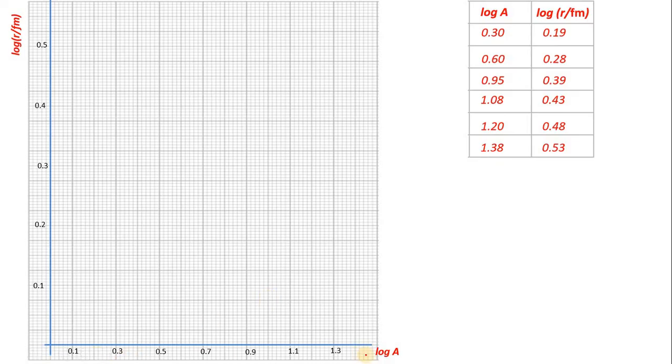On the x-axis I chose log of a, starting from 0.1 to 1.3, so that more than 50% of the region is covered along the x-axis. The minimum is 0.19, 0.53, and I chose 0.1. So for 20 boxes I chose 0.1, 0.2 until 0.5.